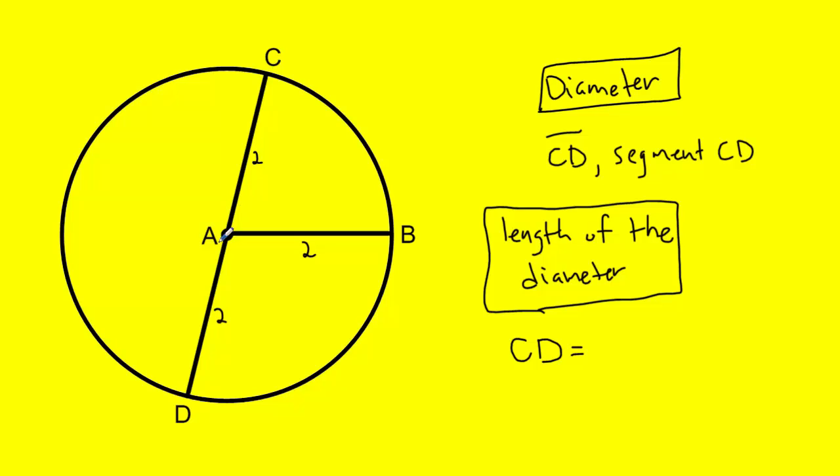Well, from C to A is 2, and from A to D is 2, so I know this whole thing has to be 4 units. So that's the length of the diameter. And again, pay attention to the small details where the bar is referring to the actual part, the drawing, and without the bar is referring to the distance between those two endpoints. So the distance from C to D is 4 units.